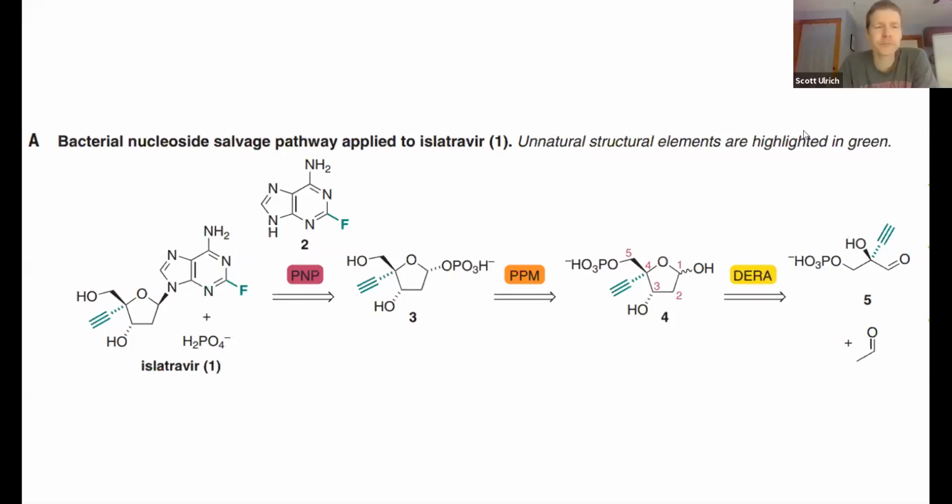Yeah. And I think the strategy is inspired by a natural pathway that bacteria use to take nucleosides and degrade them into simple starting materials that they can use for other things.